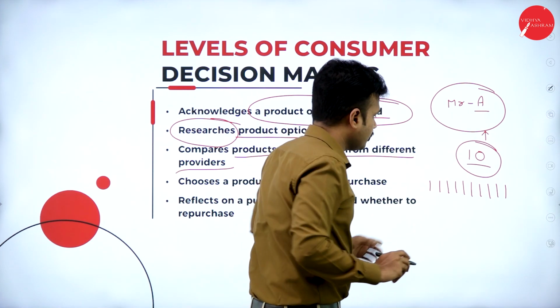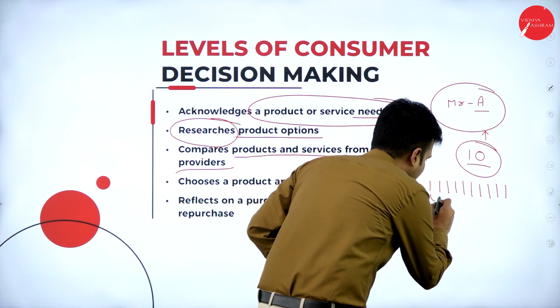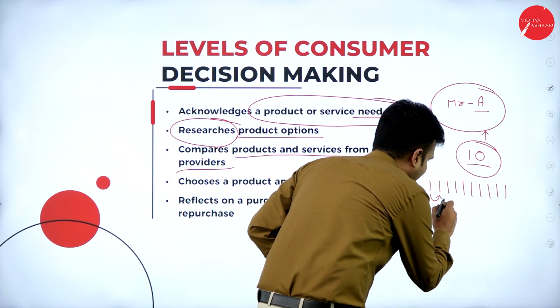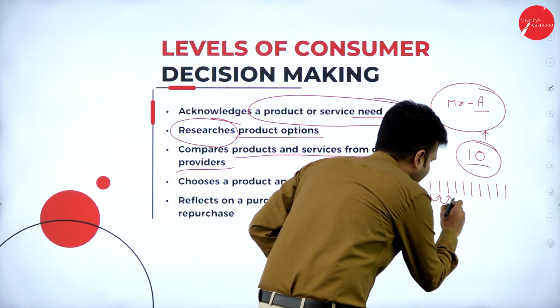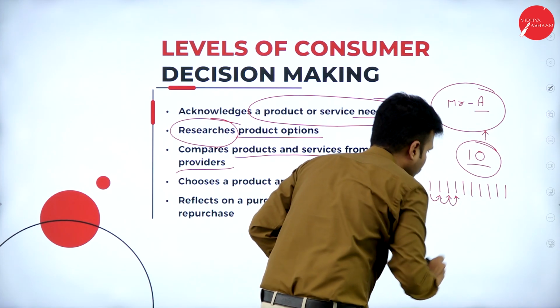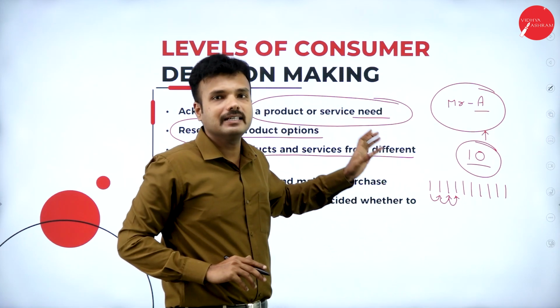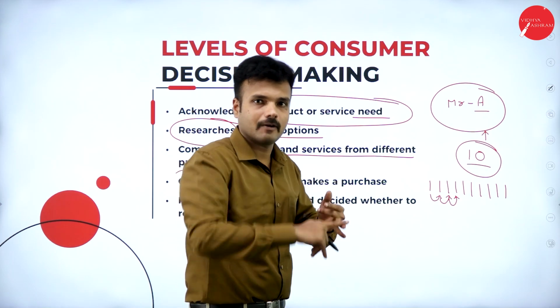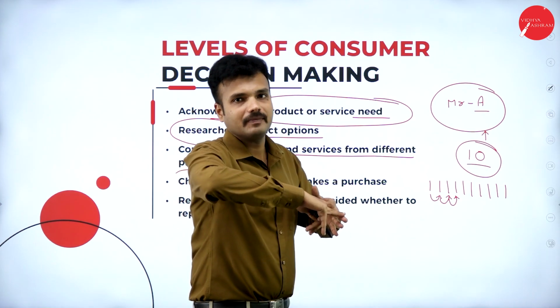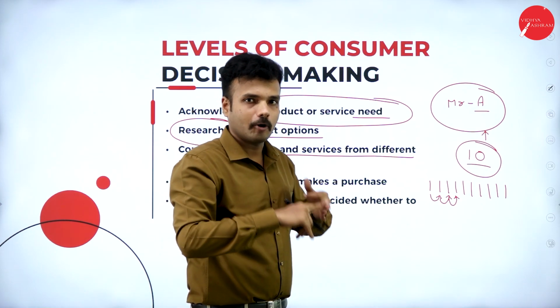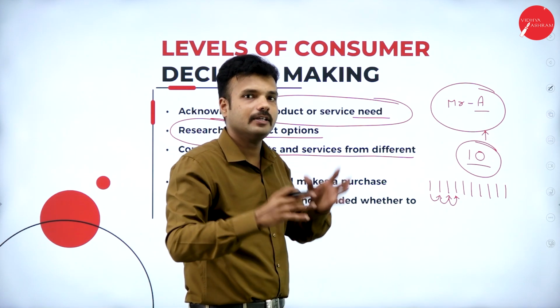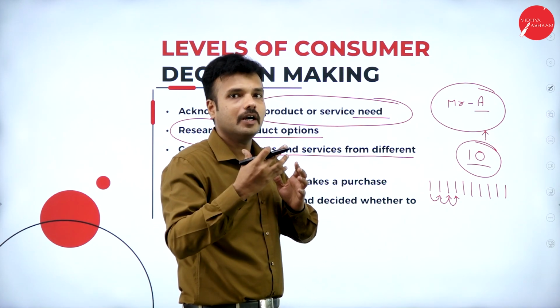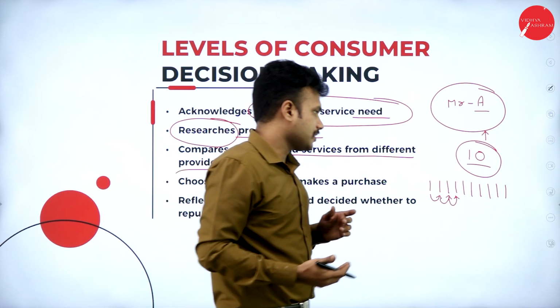So he is going to compare brand 1 with brand 2, again brand 2 with brand 3, again brand 3 with brand 4. He is going to compare the bikes with each other based on the budget, the performance, and the brand image of the product, right? So he is going to evaluate the products, and finally he is going to make a purchase decision.